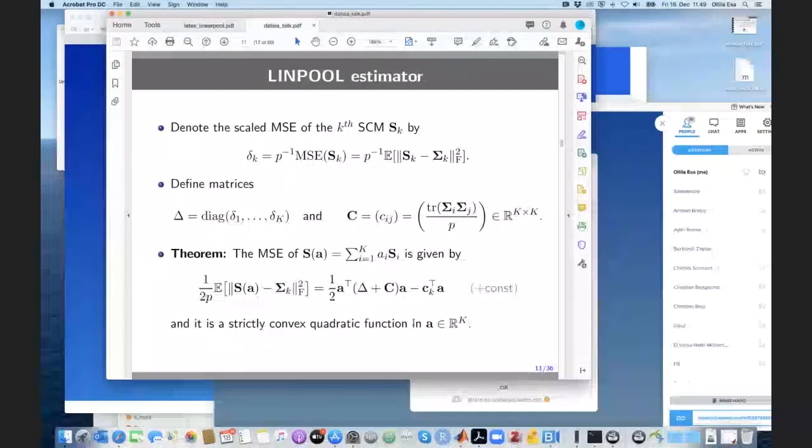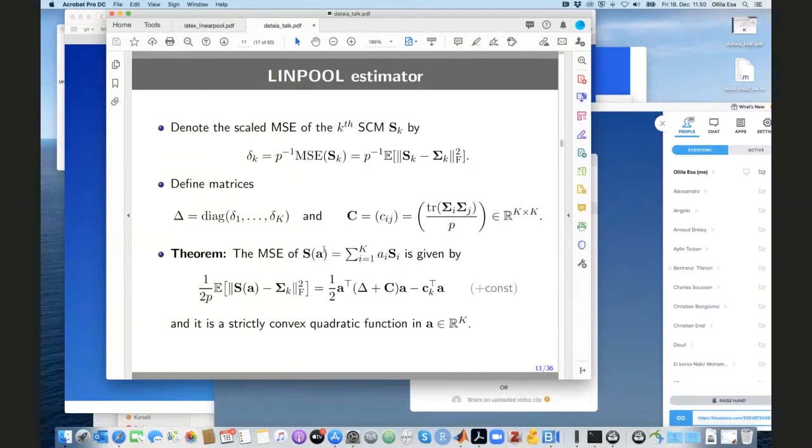And remember, Sigma_k is the true covariance matrix. Then I build a diagonal matrix Delta from these mean squared errors. And then I take the inner products of these covariance matrices, Sigma_i and Sigma_j, and make a symmetric matrix C out of them. All these elements are positive, and this is a symmetric matrix.